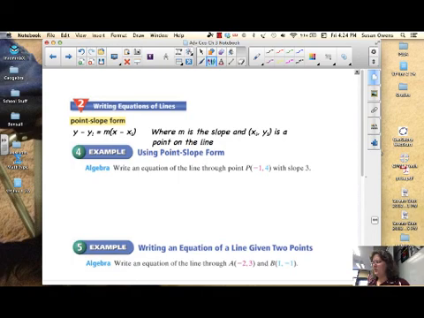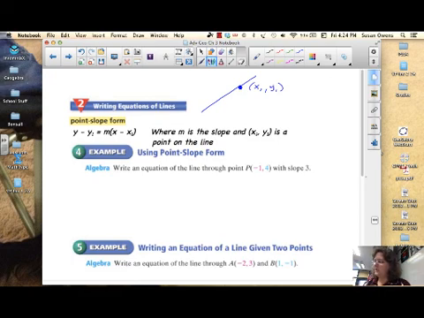Okay, so this one comes right from the slope formula. Let me show you where it comes from, because it really helps me remember what the formula is. If I draw any point on here, I'll call it x1, y1. In order to use this, we have to know some point that is on the line, and you'll be given that point.